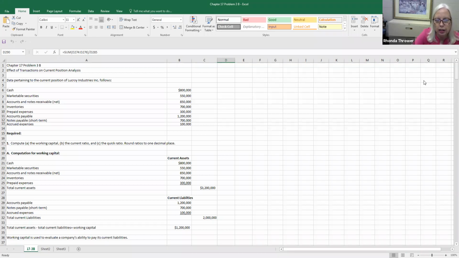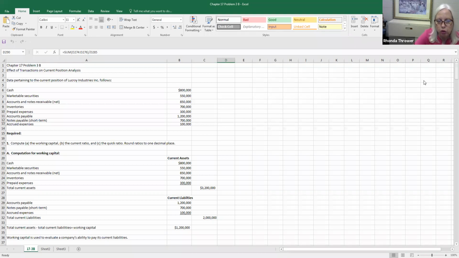So in Part A, they're telling you that you've sold marketable securities at no gain or loss. Because there was no gain or loss, you just sold the marketable securities for what they cost you. And the cash would be debited in that case for the amount of $500,000, which is what you sold the marketable securities for.